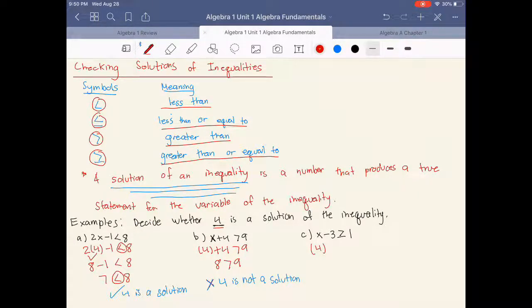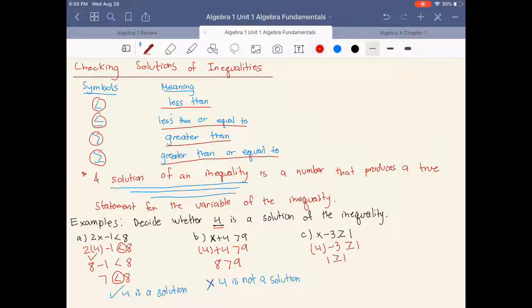Okay, so 4 minus 3 greater than or equal to 1. So when you solve it, 4 minus 3 gives you 1. And just rewrite it, greater than or equal to 1. So is that true? 1 is greater than or equal to 1. So some of you might say, no, it is not, because greater than.